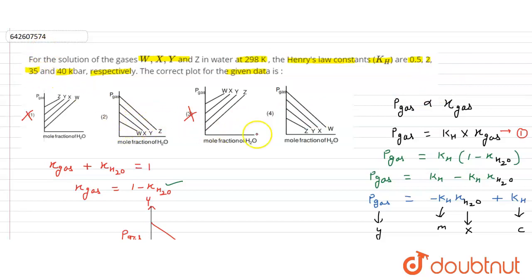But in the other case, the value for W is 0.5, but this does not match the data, because this slope is very steep and the data does not suggest this. So the fourth option is also wrong. We are left with the correct option, that is option B. So this is the correct answer.